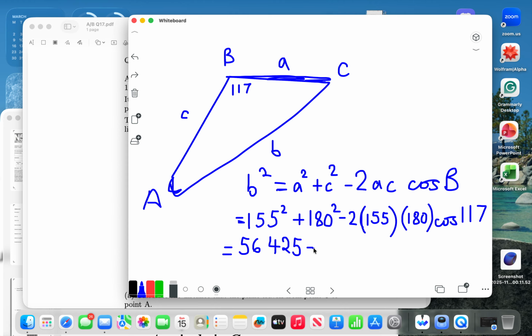So 2 times 155 times 180 times the cosine of 117 is negative 25,332.66, and so on. Two negatives make a positive, and we're going to add on 25,332 point. We'll round this a bit to 670.